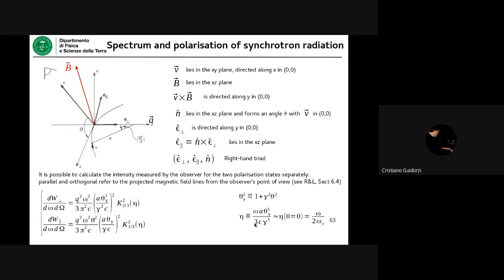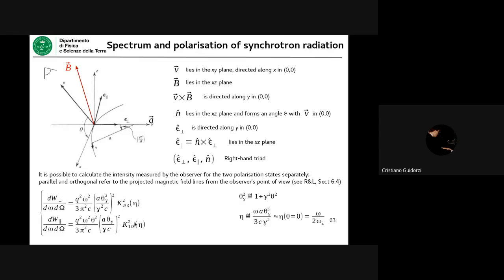And if you remember the definition of the critical frequency, 3/2 omega_b sine alpha, where omega_b is the gyration frequency and alpha is the pitch angle, you see that you have this guy here right away if you use one of the formulae that we obtained for the curvature radius as a function of the pitch angle and omega_b.